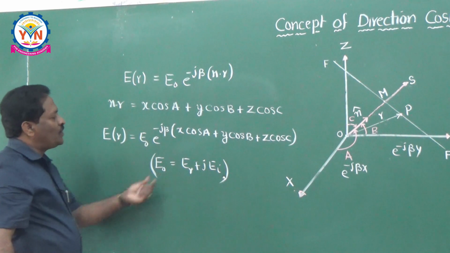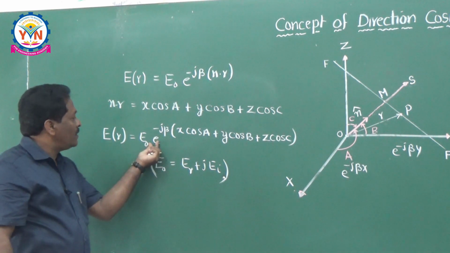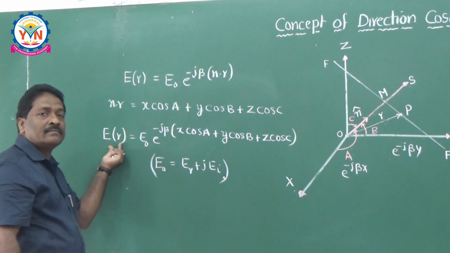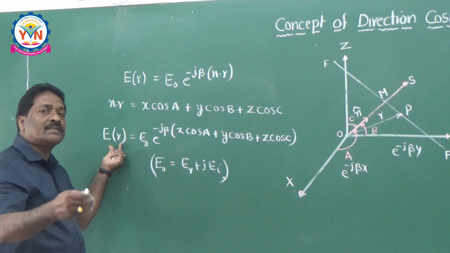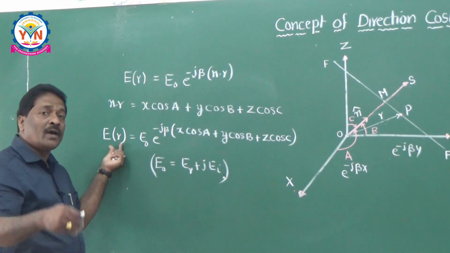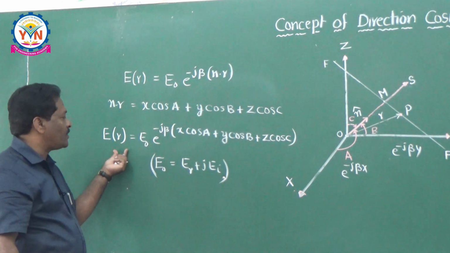So, if you substitute here and you write a wave equation, that means a function of distance and time, you have to incorporate the time variation here as usual.